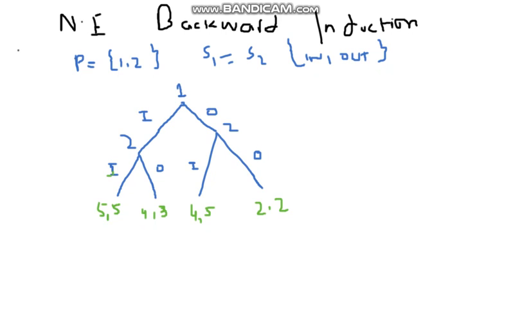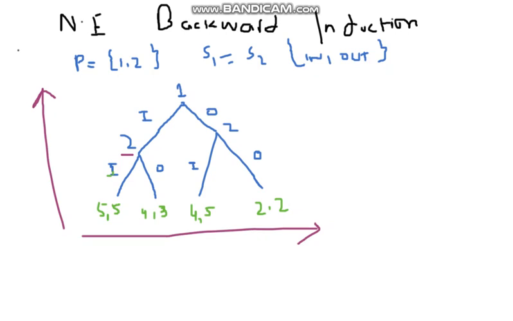So we will start from the bottom and go upward to solve the backward induction. Player 2 is at the second decision node, so first we will compare the payoffs of player 2.